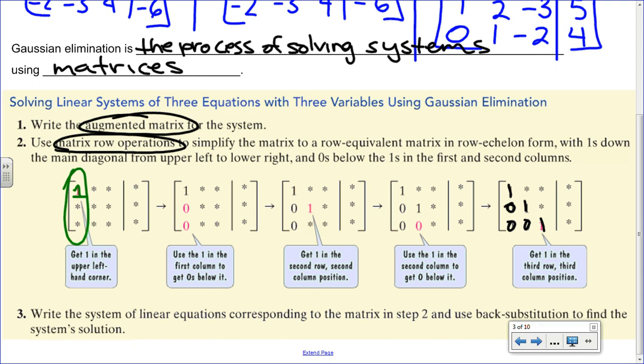From there, we will use back substitution. It's right here. You guys are familiar with it, right? From chapter 7, back substitution. So first, we look at the first column, and we make that one, then we make those two zeros. Once we have that accomplished, we move to the second column, and the first thing we must do is make the 1 right here.